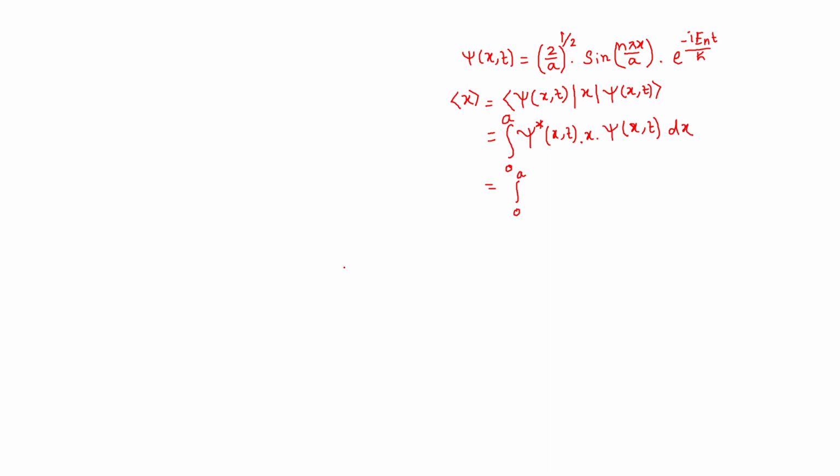So finally, after double integration, your product will be cos(2nπx/a) divided by (2nπ/a) whole square.